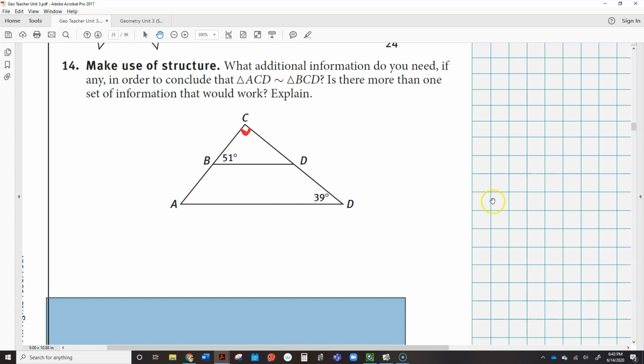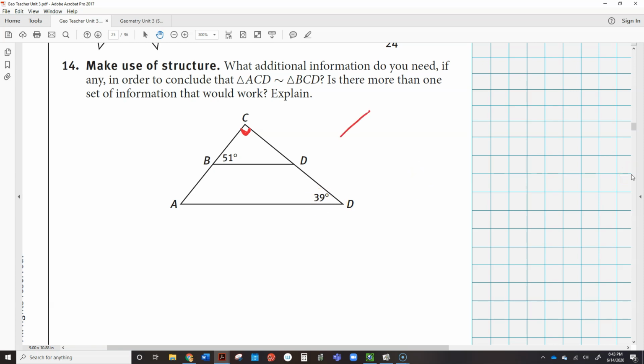What else do I need to know? Okay, well, they don't even give me a pair of angles. They give me this angle right here is 51, and I don't know the measurement of these two. And then this angle right here is 39. The only thing I do know is that if you separate these two triangles, this is BCD, and the big triangle is ACD.